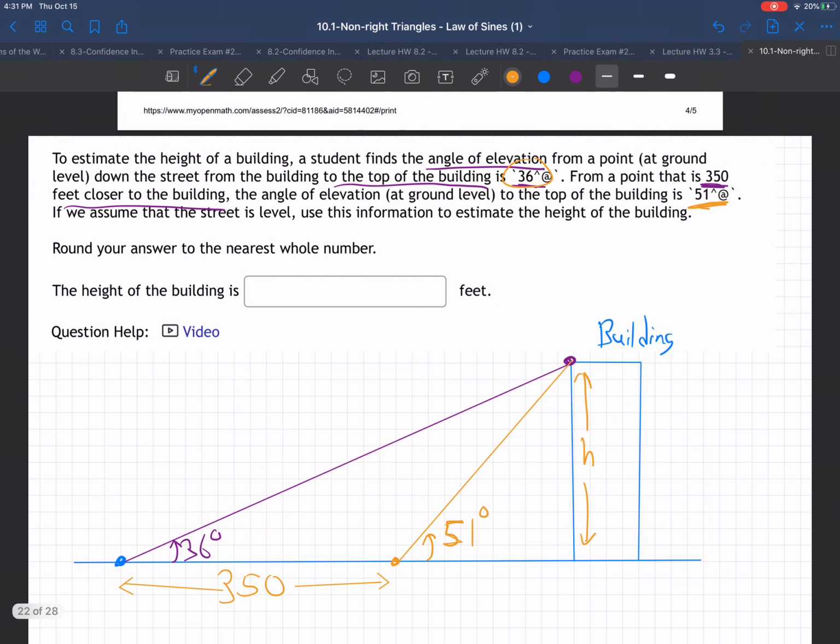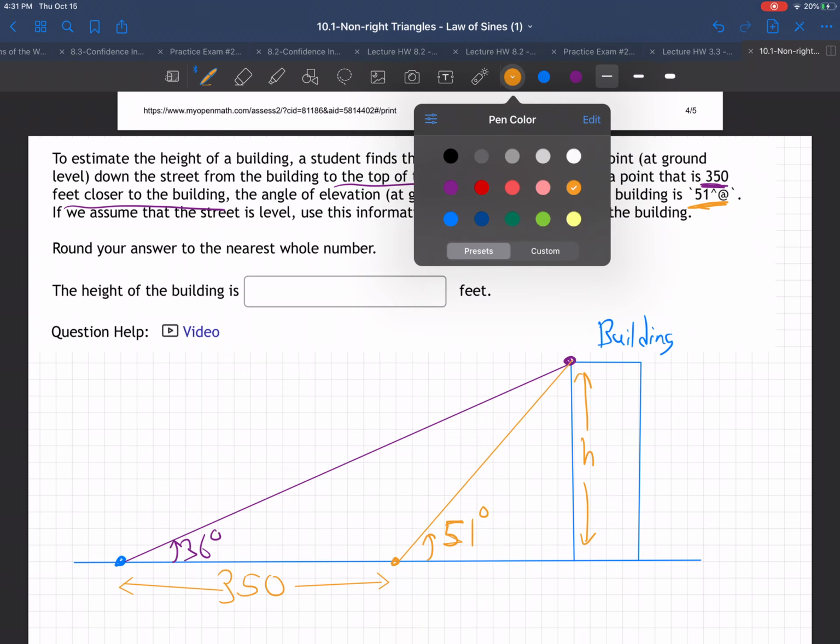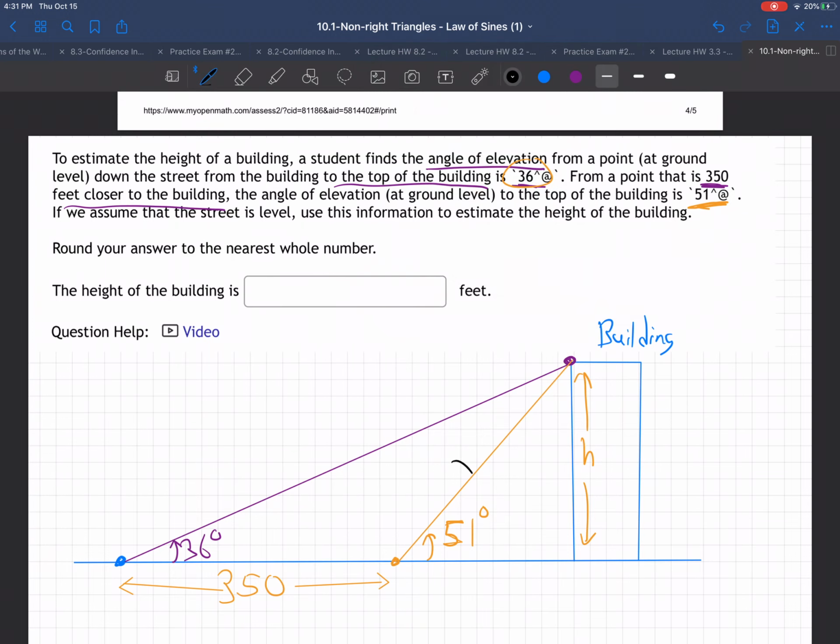Basically, here's the game plan. If we can somehow find this side here, call it x, then we can finish up by finding h with a right triangle.